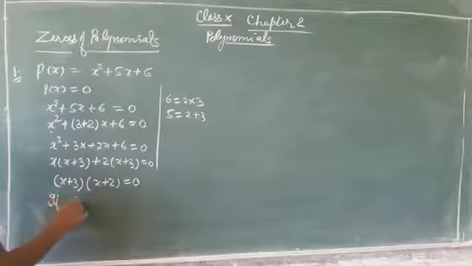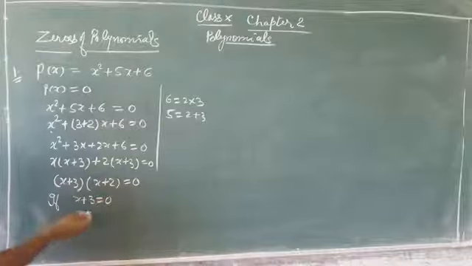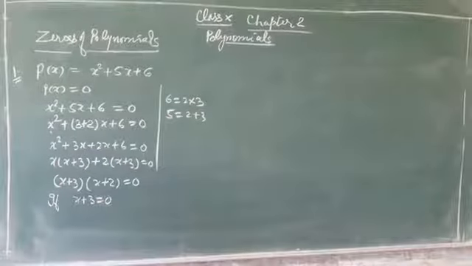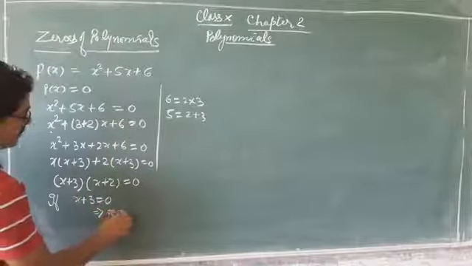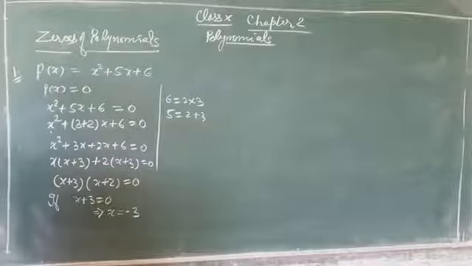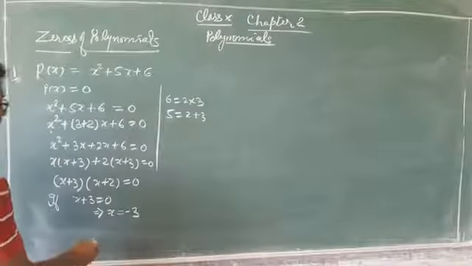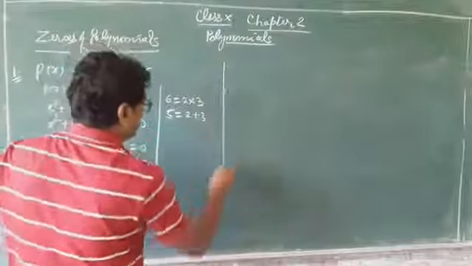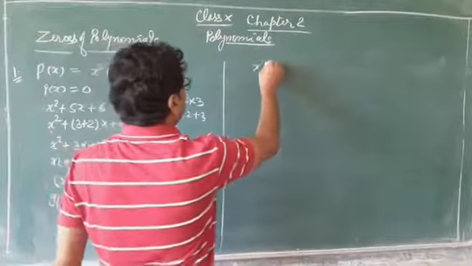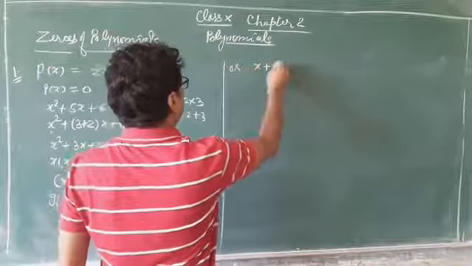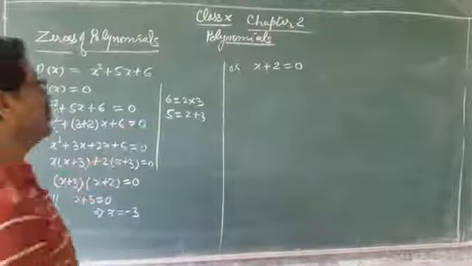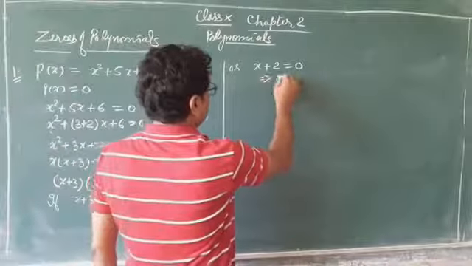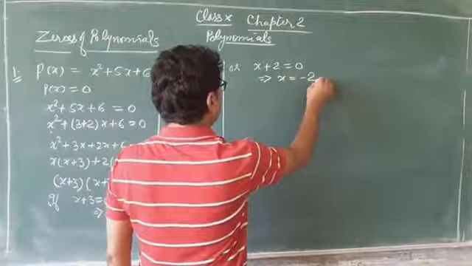So if x plus 3 is equal to 0, this implies that x is equal to minus 3, and if x plus 2 is equal to 0, this implies that x is equal to minus 2.